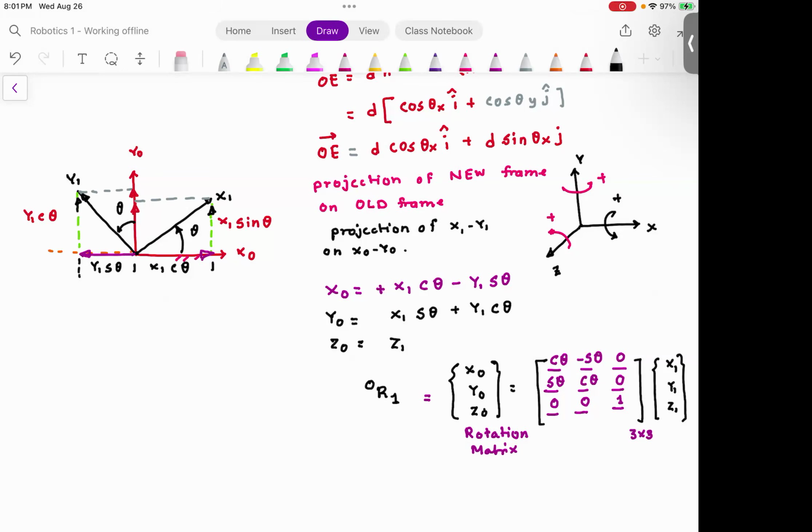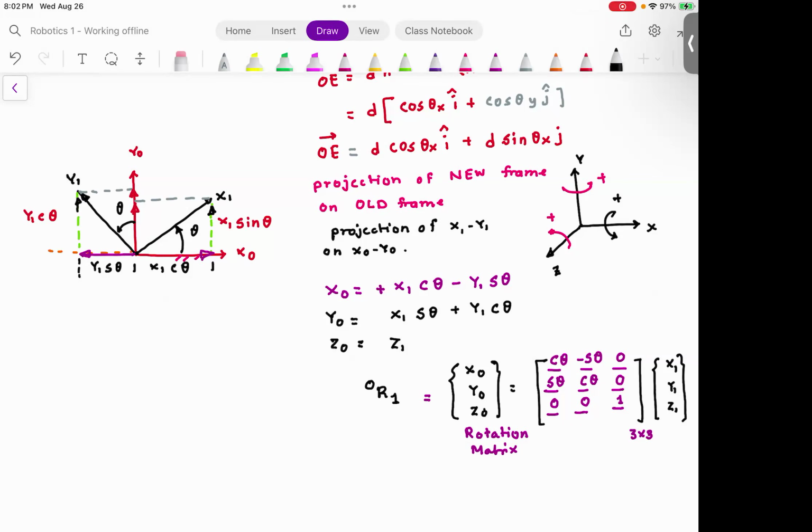So we are relating the 0th frame and the first frame, and these two frames are related to each other by this transformation. Extremely important transformation. So cosine theta, minus sine theta, cosine theta, diagonal 1, everywhere 0.